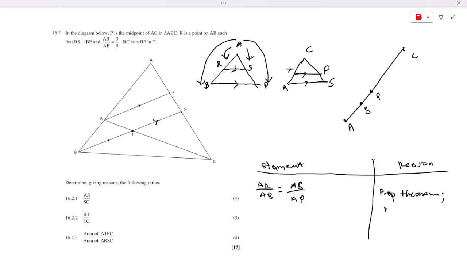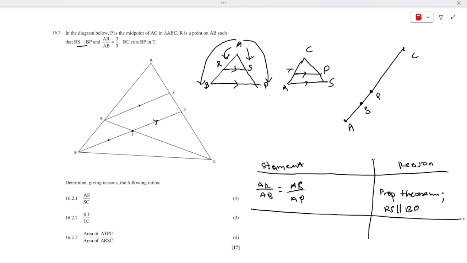RS from the statement over there, right? And this is what we're having here. So RS is parallel to BP. Okay. That is the first part of the statement and reason.